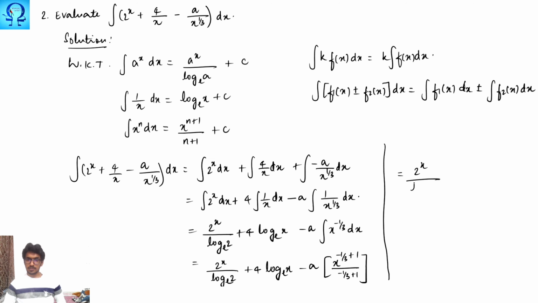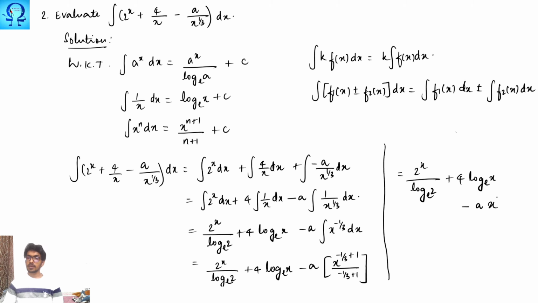So the first two terms are there as they are, and minus a upon (-1/3 + 1), which is (-1 + 3) upon 3, which happens to be 2 upon 3. Fine. So with which we do the rest of the problem.